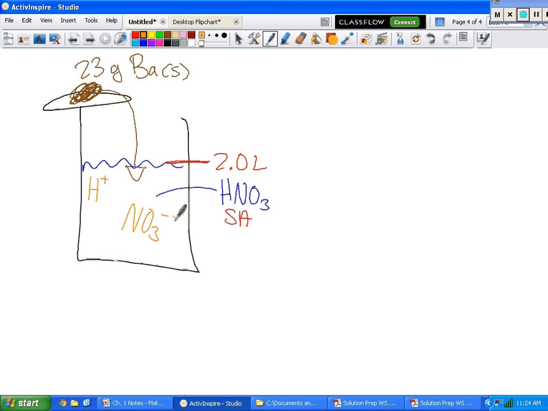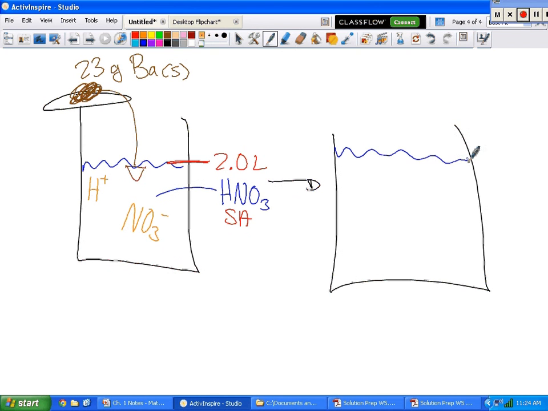But the barium is going to drop in here. And go back and read that first line. It says, what happens to the barium solid? It dissolves into what? And I know these lines aren't level, but it doesn't matter. So we had this, right?